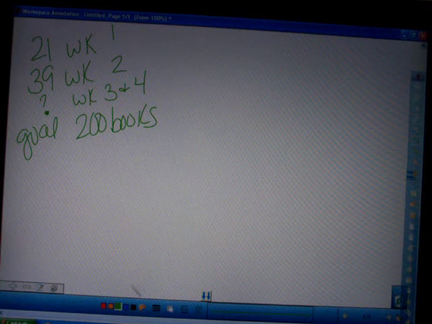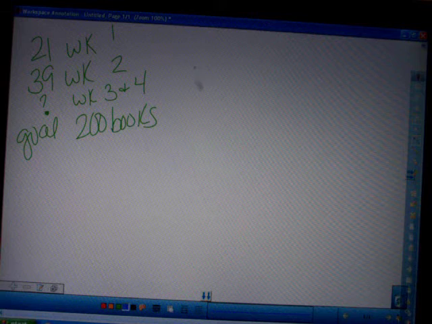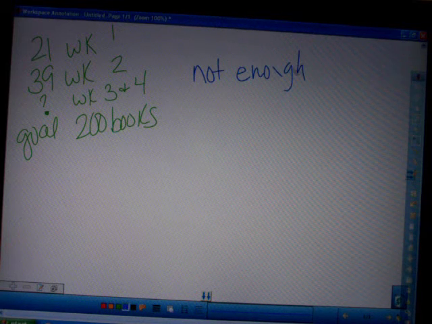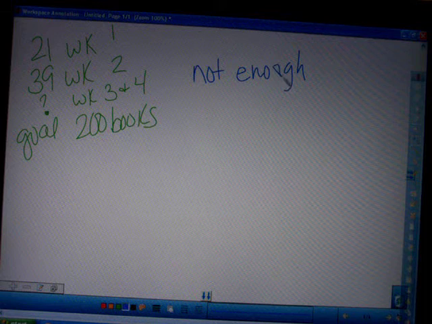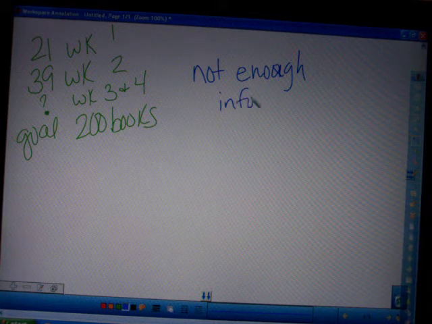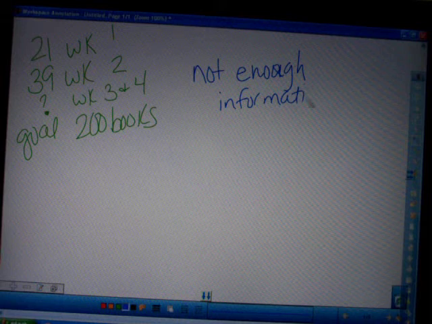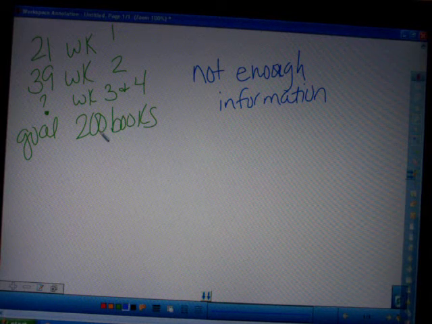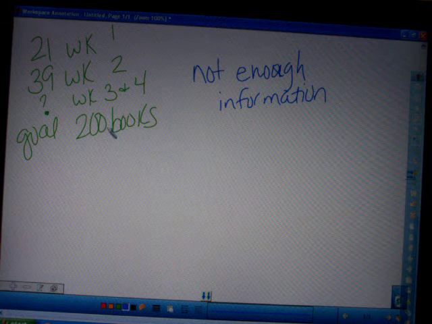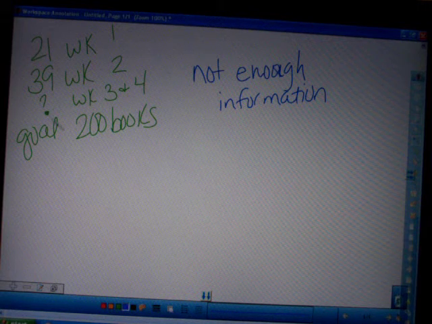Well, the problem with this is that there's just not enough information. We don't know enough. Because you can't say, yes, he will reach his goal of 200 books, or no, he will not reach his goal of 200 books, because we don't know how many books he received.